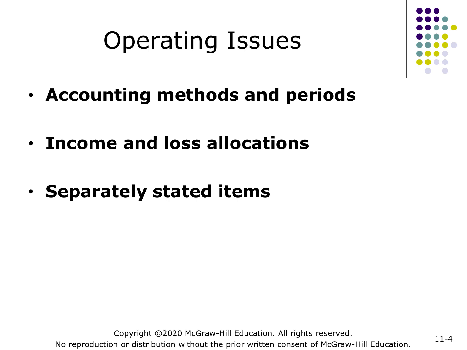All right, so there are a couple of operating issues to talk about as far as accounting methods and periods. So these are all elected at the entity level, okay? Whatever method the entity used as a C corporation, those methods can carry over from the C corporation years. You can choose cash, accrual, or hybrid from an accounting perspective.